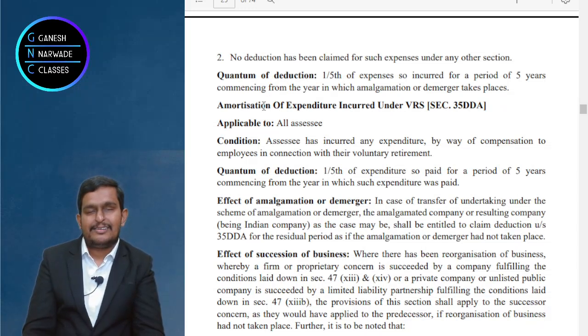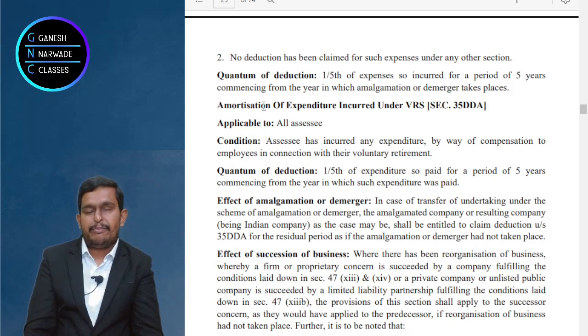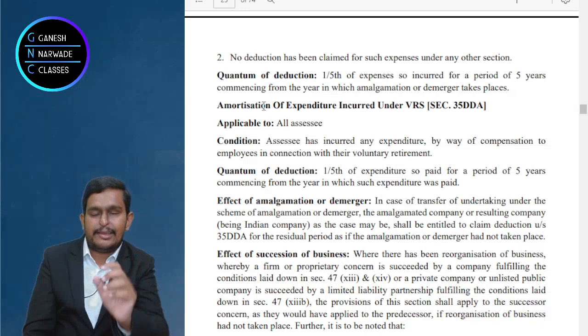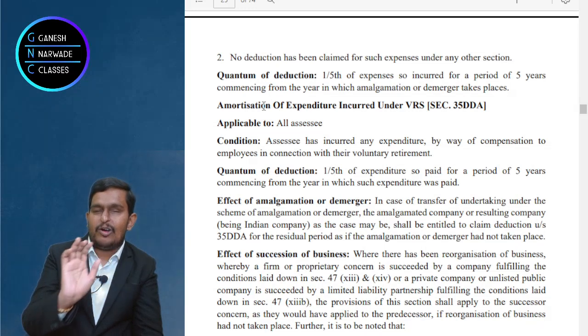Good. Now, first thing, you should incur that expenditure on VRS, paying to the employees for voluntary retirement scheme. You are paying to the employees. Okay. You want to claim deduction under 35 DDA? Please, you cannot claim deduction under any other section.